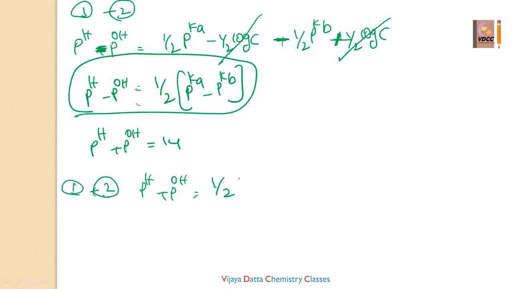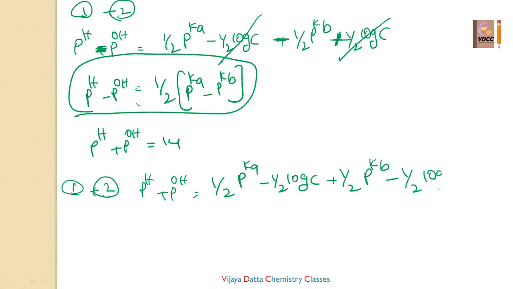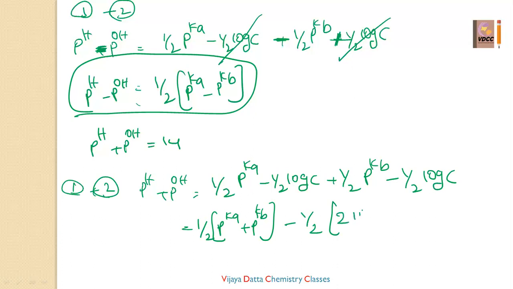If I add half pKa minus half log C plus half pKb minus half log C, then half I will take common, then pKa plus pKb comes to one place. And also if I take minus half common, log C plus log C, 2 log C, half I will take common, then 2 gets cancelled, minus log C. That is nothing but pH plus pOH value we can write as 14, isn't it?